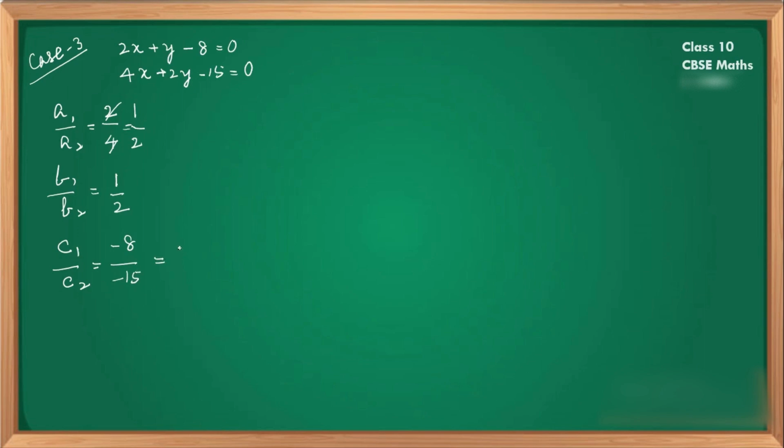This also can be written as merely 8 by 15 because you can cancel the minus signs on both sides. 8 by 15 is C1 by C2. You can find that A1 by A2 is equal to B1 by B2, that is 1 by 2 and 1 by 2. But that is not equal to C1 by C2 because this varies. C1 by C2 is 8 by 15, which is not equal to 1 by 2 at all.